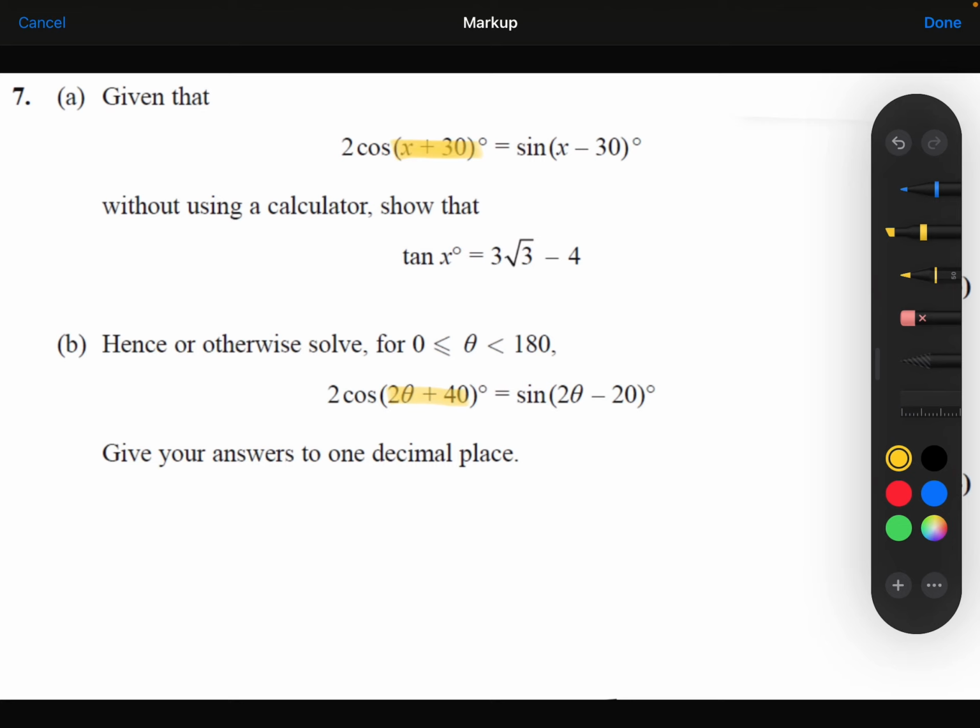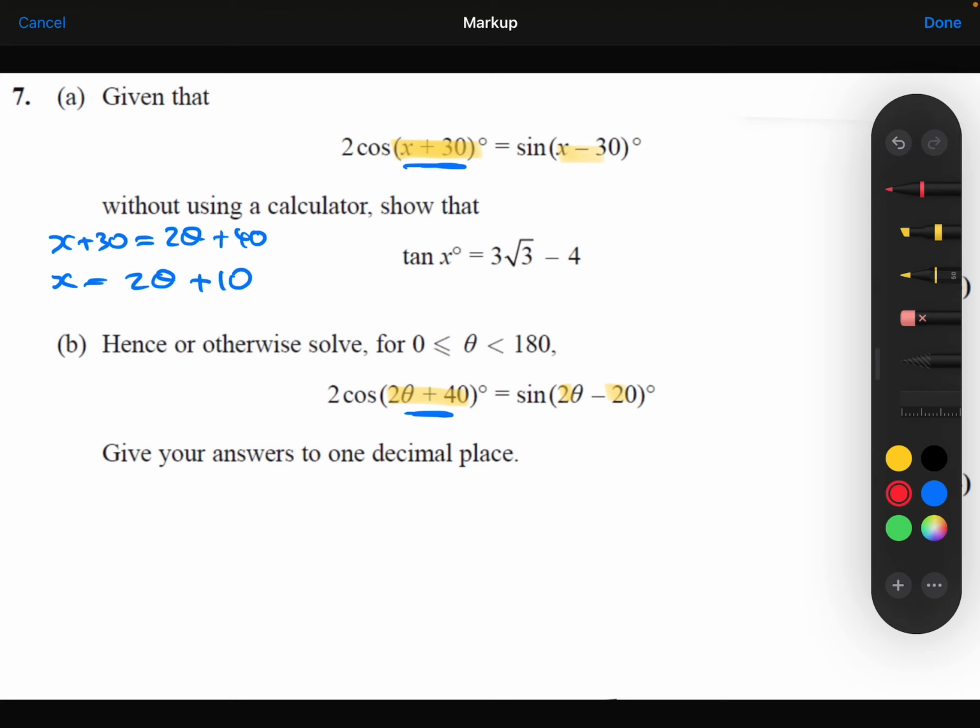And then that value of x would also have to work over here as well. So let's think about this. Let's say that x plus 30 equals 2 theta plus 40. Just checking, making these two things the same. That would then mean that x would have to be 2 theta plus 10, taking the 30 away from both sides.